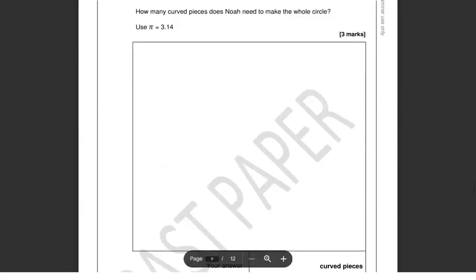You have to find the perimeter of the circle first. That's the circumference. The formula for circumference is pi d, and the diameter is 1,600. So it's 1,600 times pi.